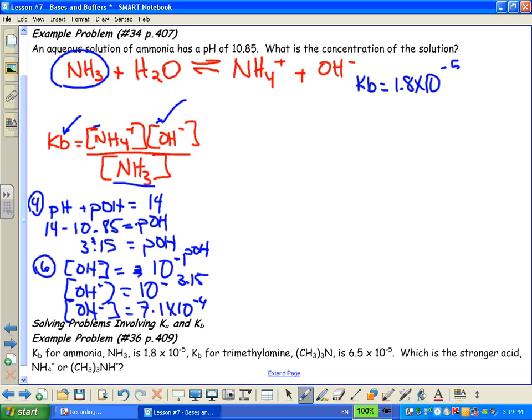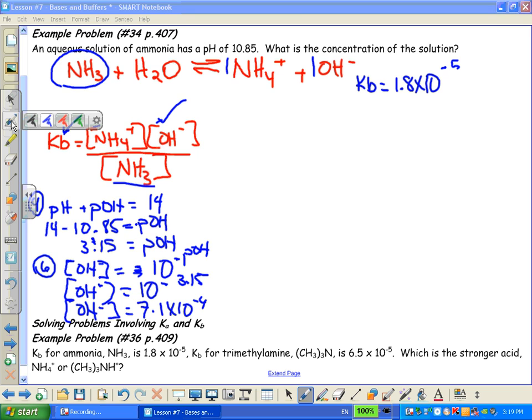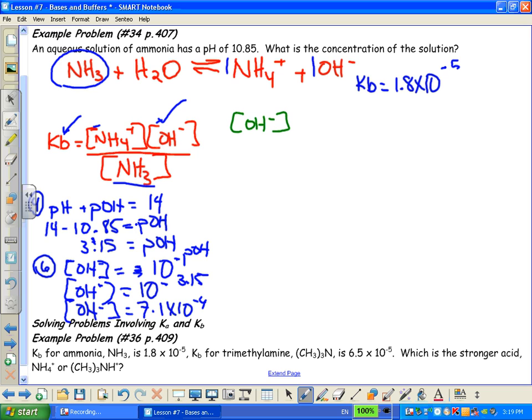But just like any products, if I was actually to finish that ICE table, because it's a 1-to-1 ratio, my OH- is equal to my NH4+. No matter what, the products always start at 0, and the change is going to be the same because they have a 1-to-1 ratio.